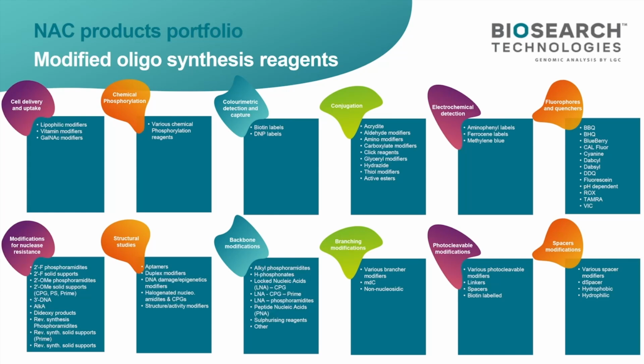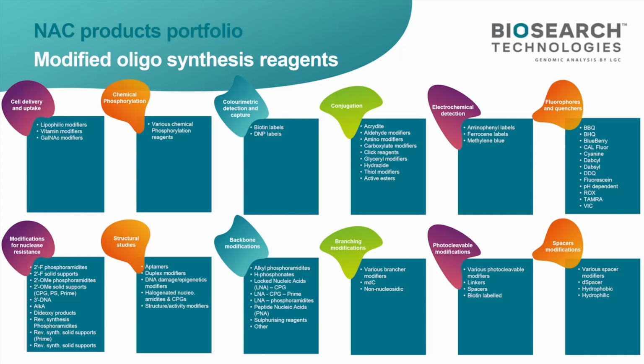Chemical phosphorylation. The phosphorylation reagents are good because gene synthesis is currently a pretty big thing in the industry. So what you do is add the phosphorylation reagent to the end of your oligo, and with the help of an enzyme it connects the two strands together.